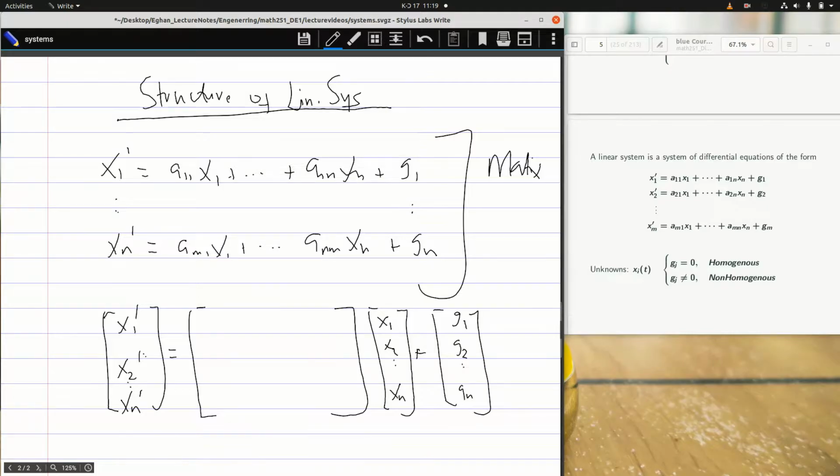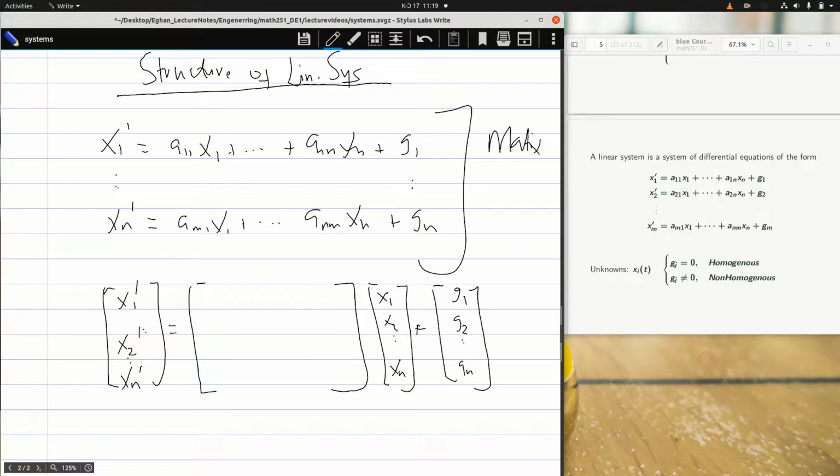What are the elements in this matrix? The first coefficient is a11. I'll have a12 through to some a1n. The same way for the second part, a21, a22 to this. This will now move me to some an1, an2 through to some ann.